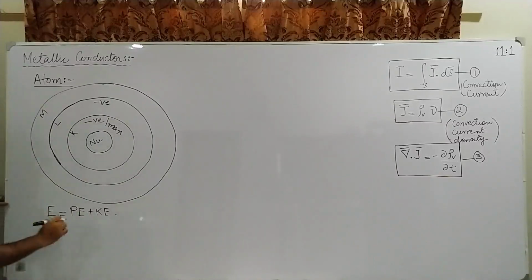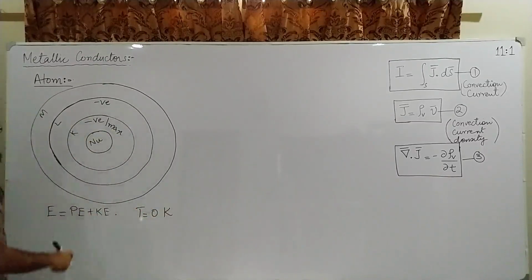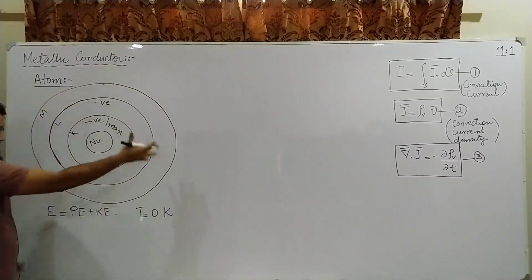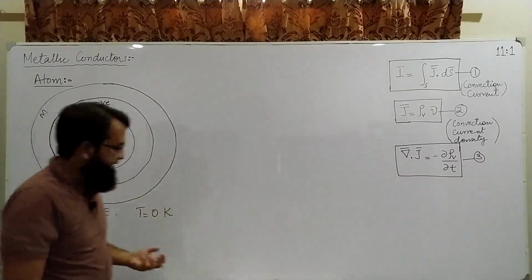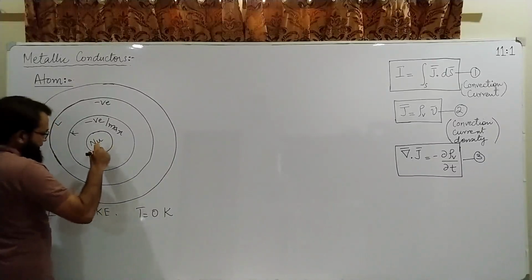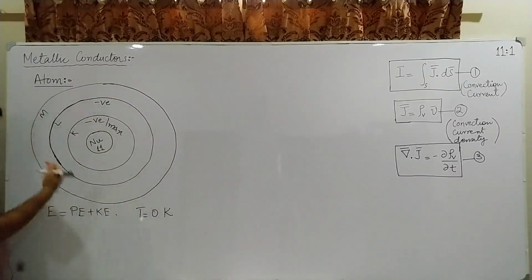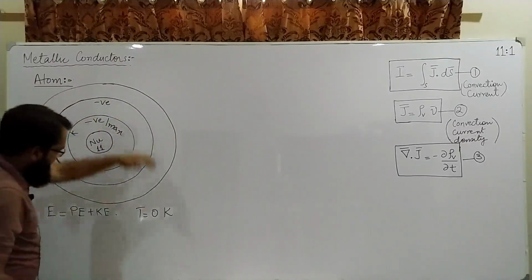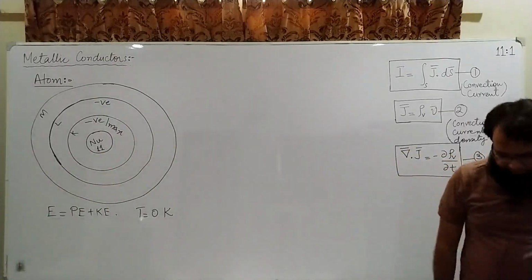We know that at absolute 0, that is at the temperature of 0 Kelvin, the number of electrons surrounding an atom is equal to the number of protons in the nucleus. For instance, if a nucleus has got 11 protons, 11 electrons will be orbiting around this nucleus at T equals 0 Kelvin.